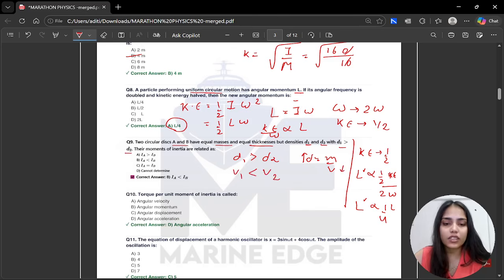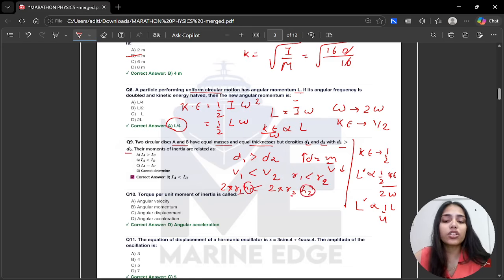And if volume is less for any disk, what is volume? Volume is pi r square h, right? Volume will be dependent upon the radius and h, whatever is the height of the disk, correct? So height is same for both. So what can differ? r1 and r2, right? So if we already know height is same for both the cases, radius r1 will be less than r2, right?